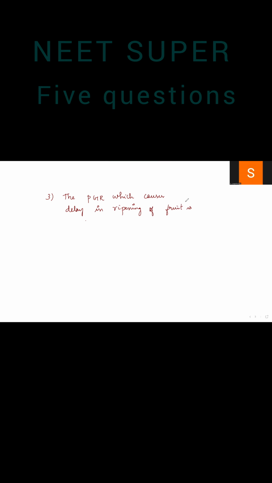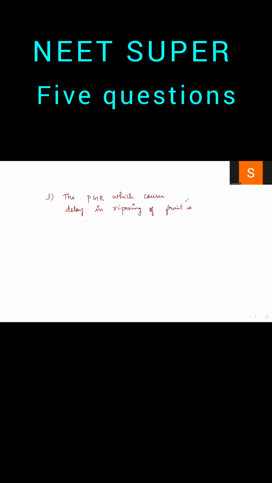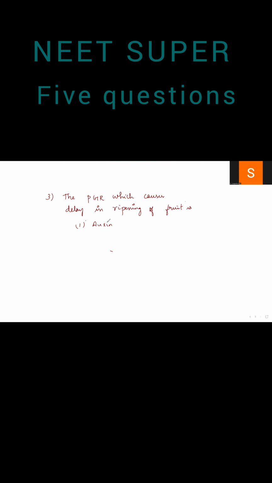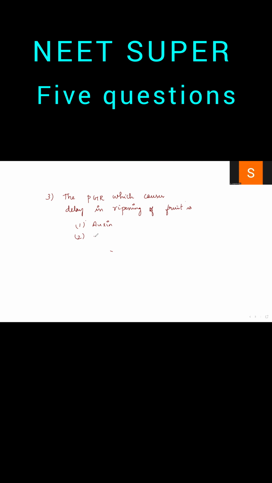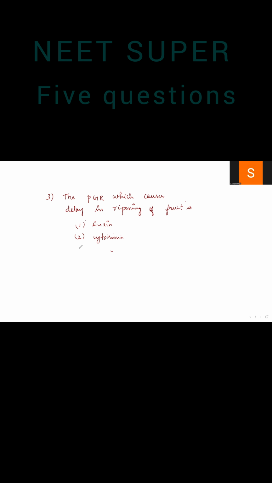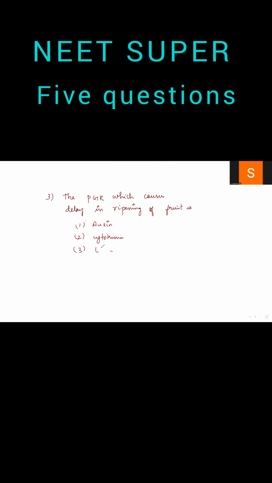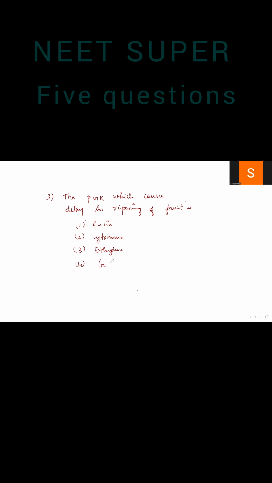Listen to the question carefully. That causes delay in ripening: auxin, cytokinin, ethylene, or the fourth, gibberellins.